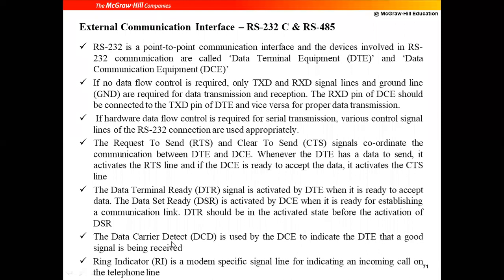So the DCD signal, data carrier detect, is used by the second device, the data communication equipment, to indicate that a good signal is being received. Then ring indicator is a modem-specific signal line for indicating an incoming call, just as an indicator. After this handshaking, only then will the transmission take place.